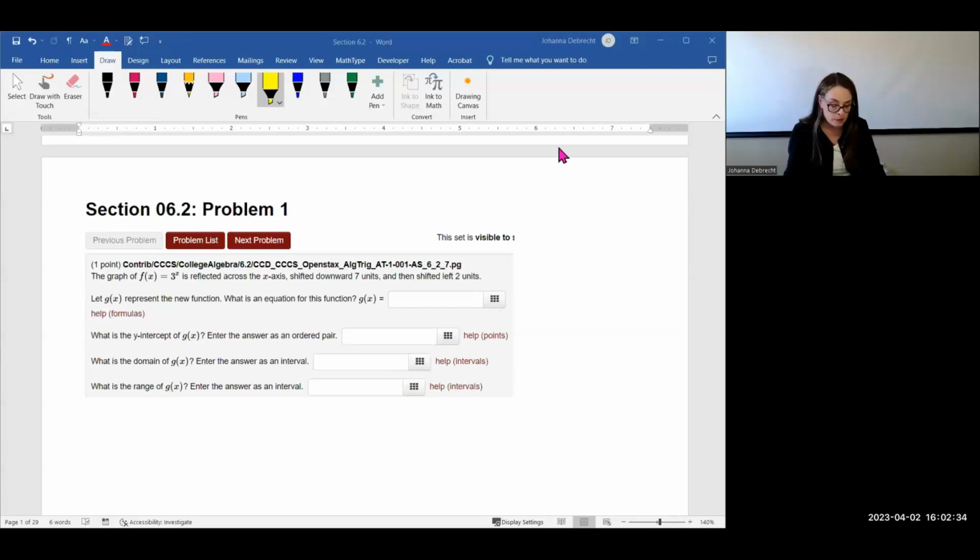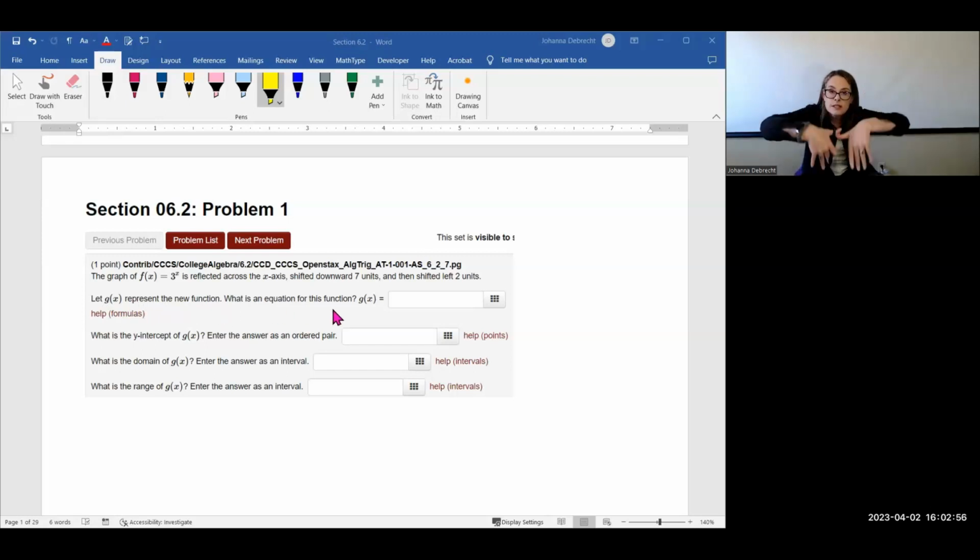Take a look at problem number 1. The graph of the parent function f of x equals 3 to the x is reflected across the x-axis, shifted downward 7 units, and then shifted left 2 units. Let g of x represent the new function. What is an equation?